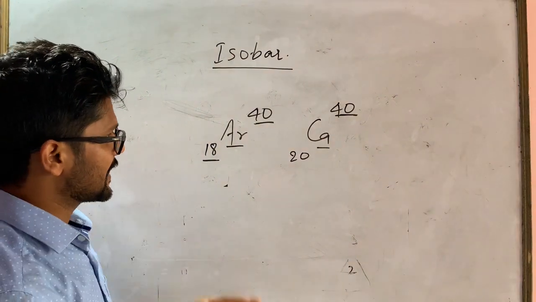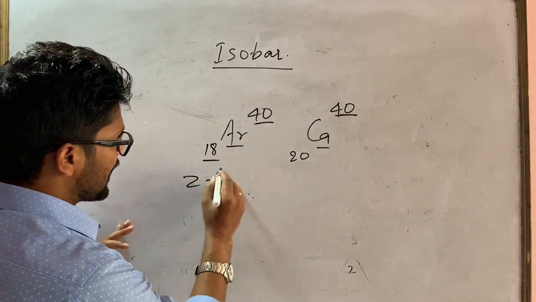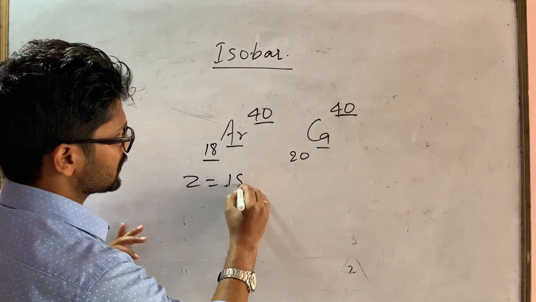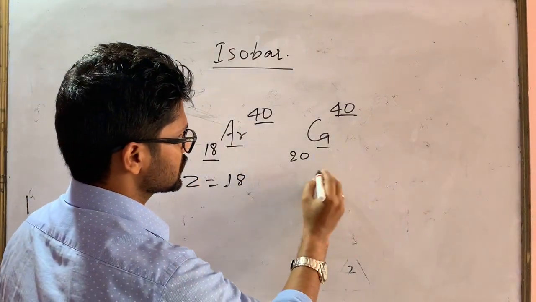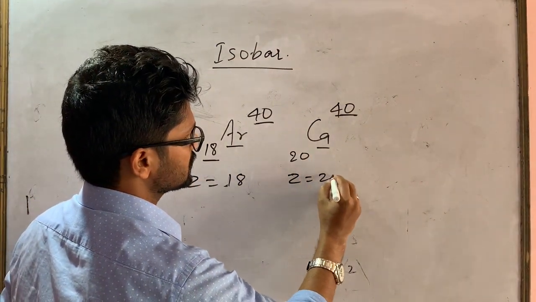But you can see that in the argon case its atomic number is 18, but in the case of calcium its atomic number is 20.